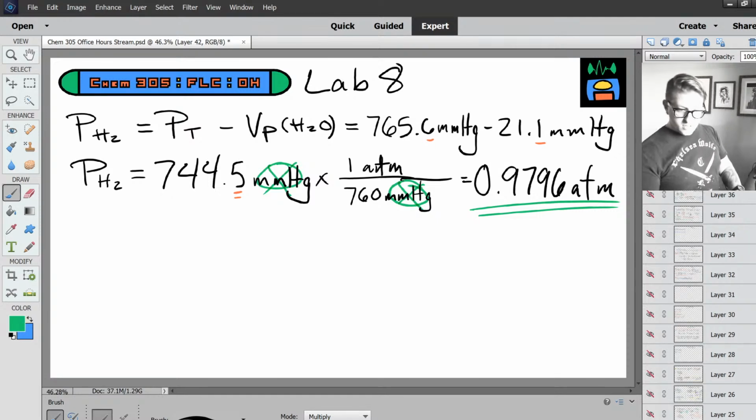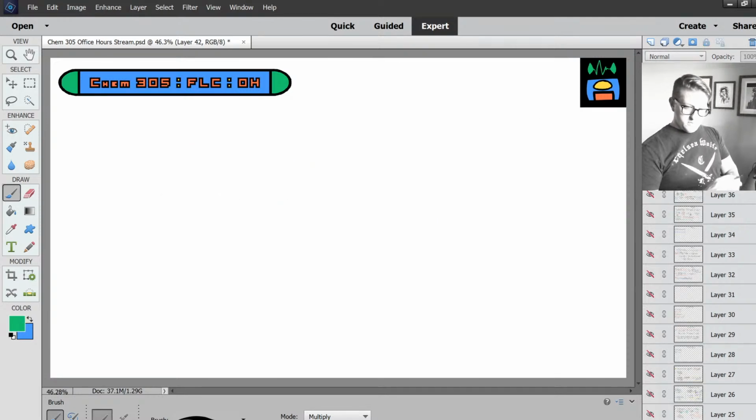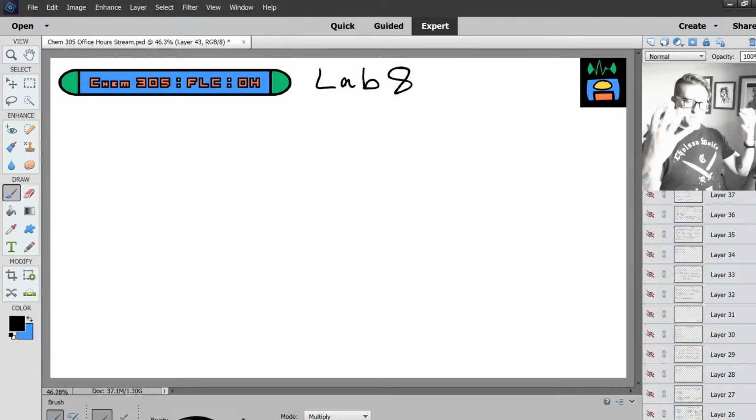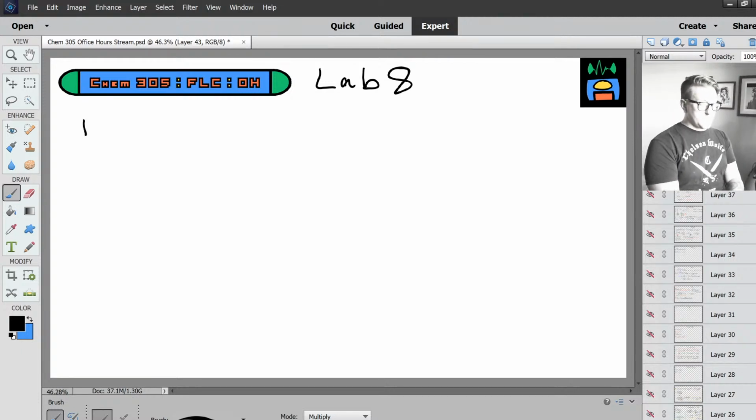So for R, so calculating R, they don't just want you to put the value of R that we know it is. They will actually want you to use the ideal gas law and the quantities that get measured in this lab for you to calculate a value for R based on those values.